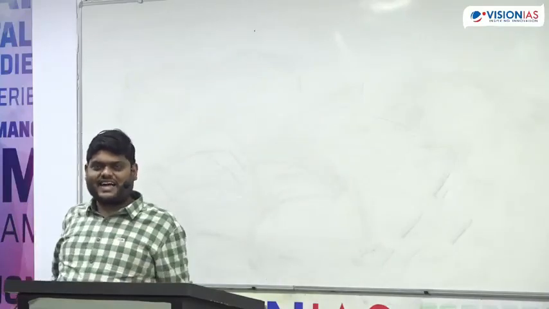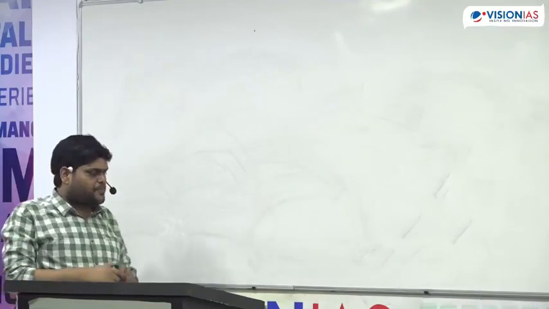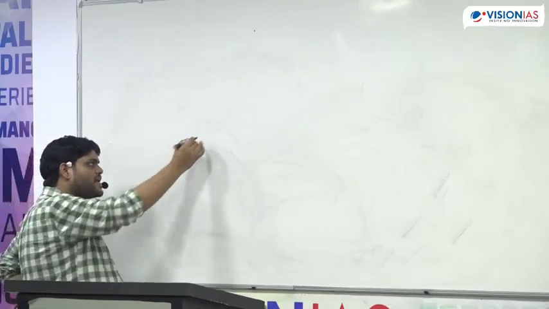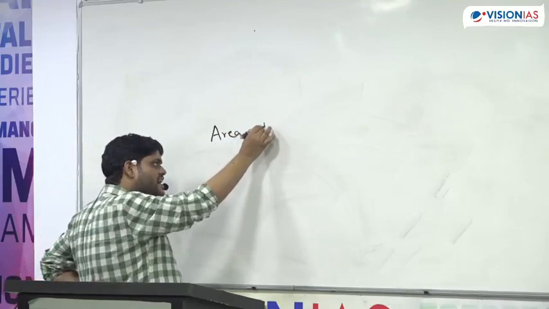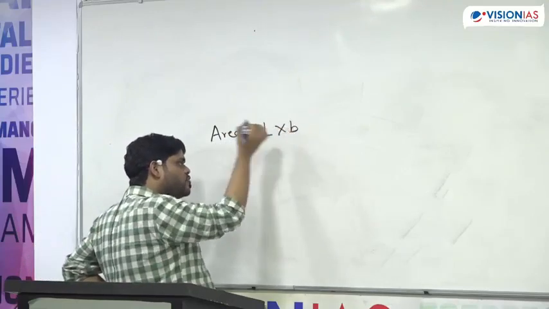Now the second type which the student is asking, type 2. Suppose area is given as length into breadth.